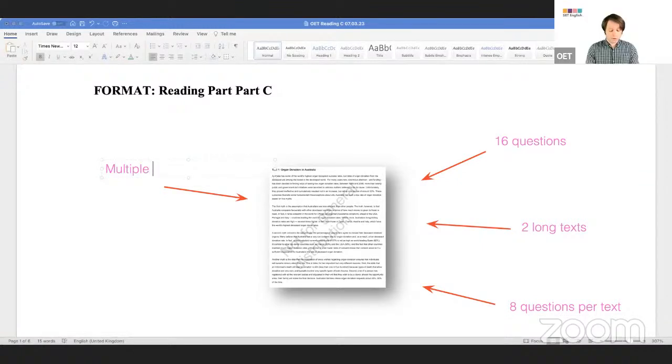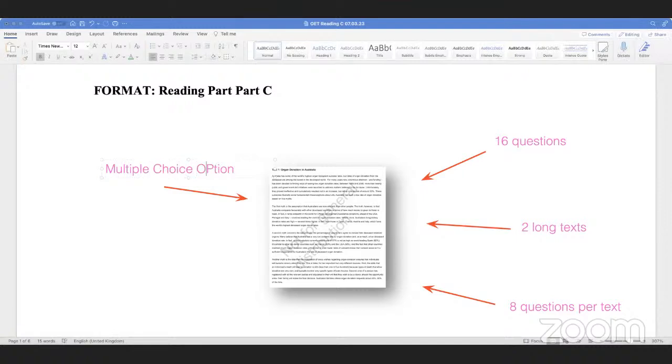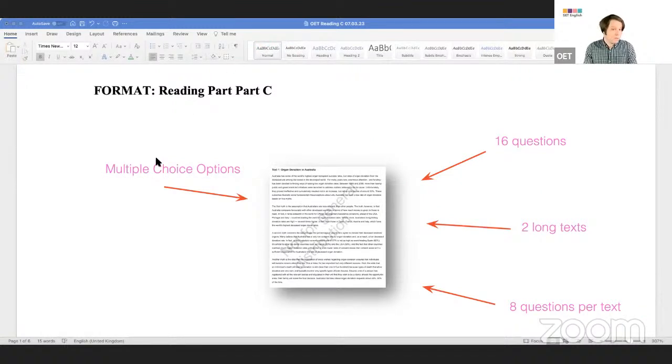Is that right, guys? What do you all think? 4. And you might think that this is not so important, but it really is, because it's going to change the emphasis on the technique. You're going to be focusing more on elimination because you've got more options. I'll talk about that in a minute, but there are 4 options here, guys. A, B, C, and D. It's partly why it's so difficult.